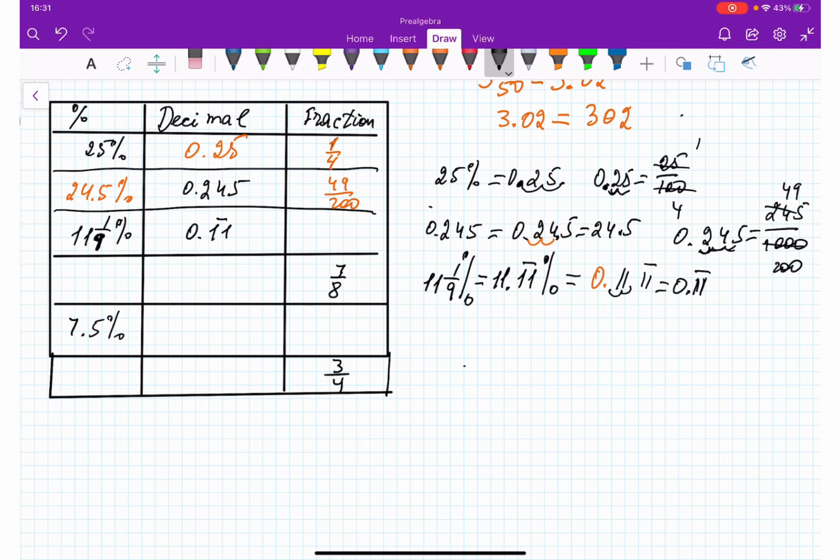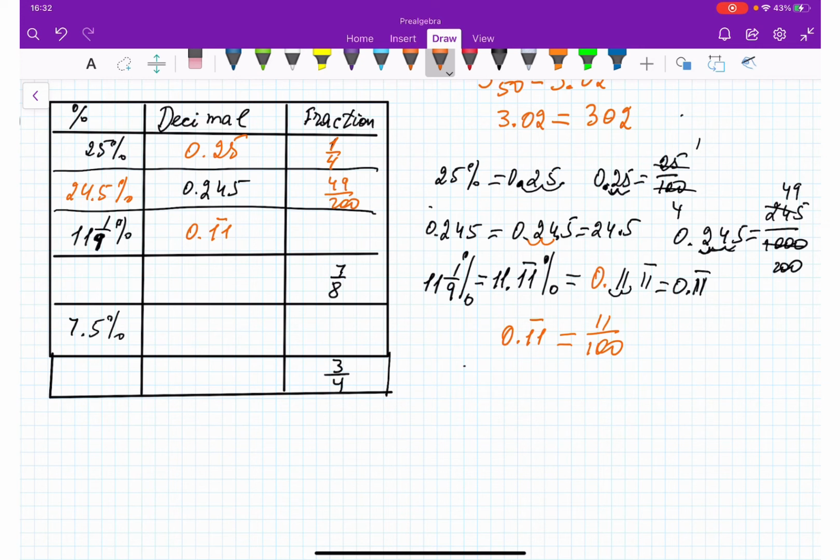Once we have decimal notation, now to convert into mixed fraction, right? Oh, hold on, it's supposed to be this color because we are solving this one. Okay. Now 0.11, we want to convert into fraction, which is going to be 11 over 100, right?